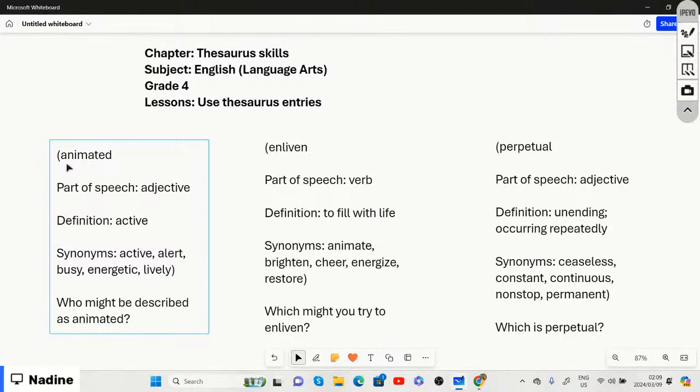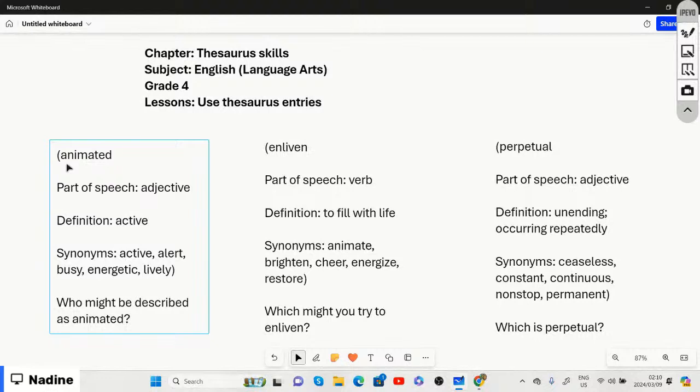Animated is a word. It's like them asking you to look for the specific word. All of those words will be in the thesaurus. You'll even find the meaning of the words. So now we have our word animated.